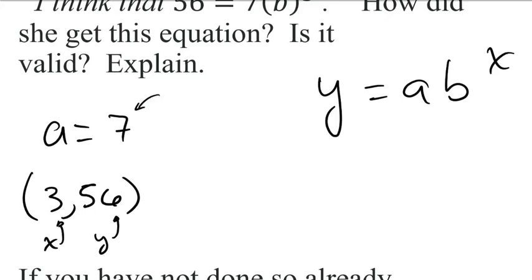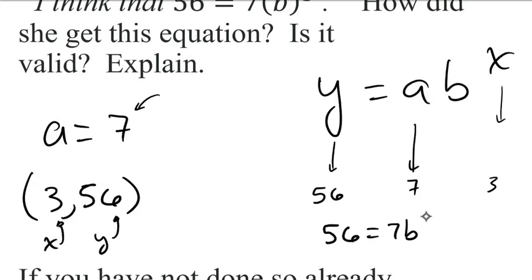So we can plug these values into this equation. Y becomes 56, a is 7, and x is the number 3. So we end up getting 56 equals 7 times b to the third power.